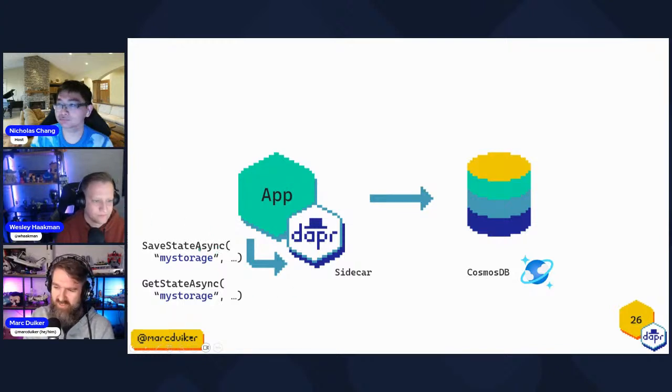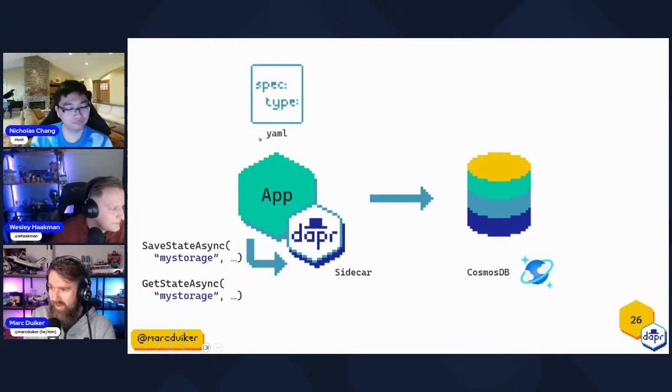So all your application needs to know is the name of a certain component that you're using. And it is completely unaware of any Cosmos DB specific code. But the Dapr sidecar does need to know that it needs to store or retrieve data from Cosmos DB. So how does the Dapr sidecar know? Well, there's a component file.